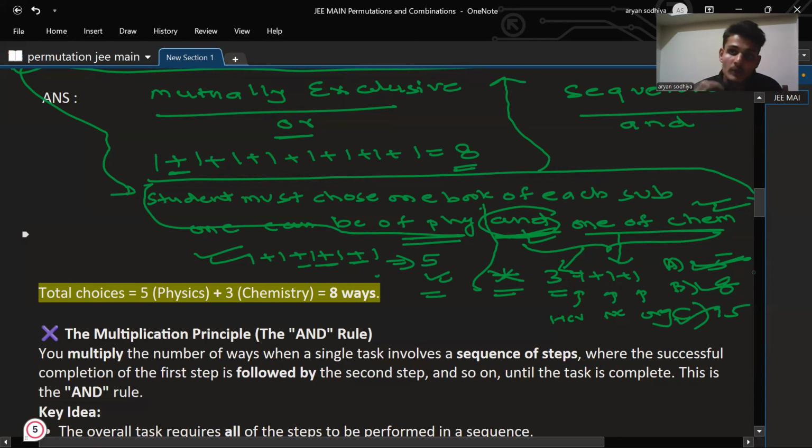If you understand what problem you are doing, then you will understand that in place of "or" I'm completing the question halfway only and I'm not going fully. I am confusing mutually exclusive with sequential. In this way you will understand, so question practice becomes important then.